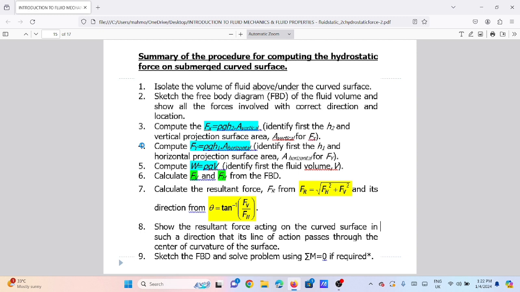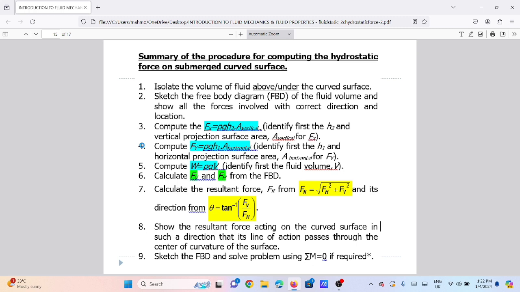Compute FV, defining the h1 and horizontal projection surface area. Compute the weight W equals rho g V.